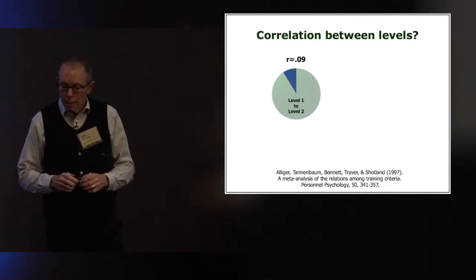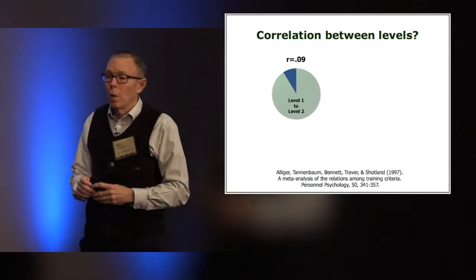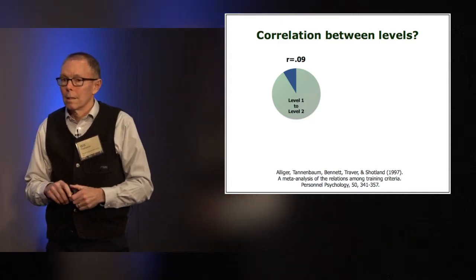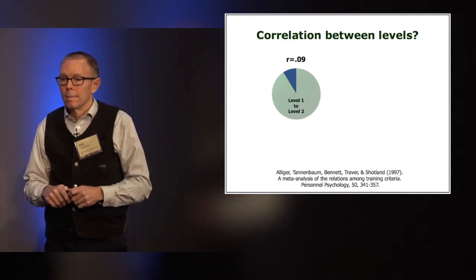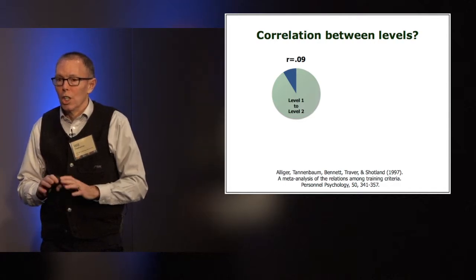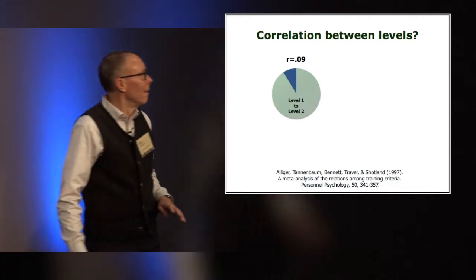Now, statisticians tell us that a correlation below 0.30 is considered a weak correlation. So 0.09 is virtually no correlation at all.